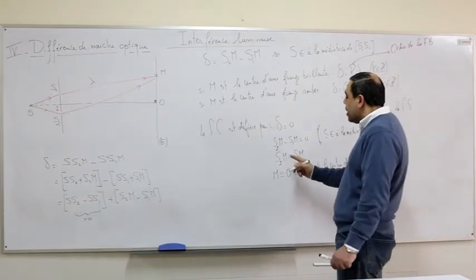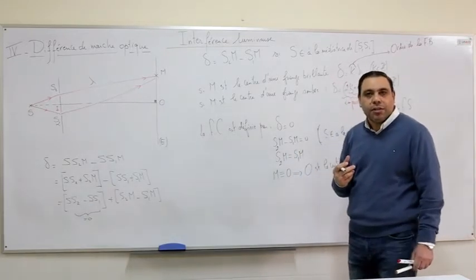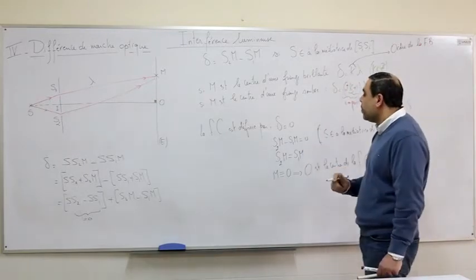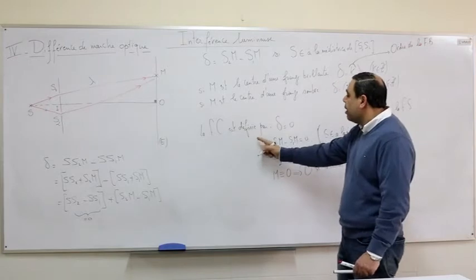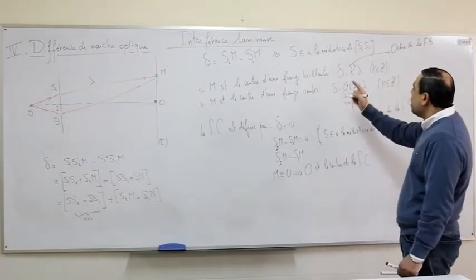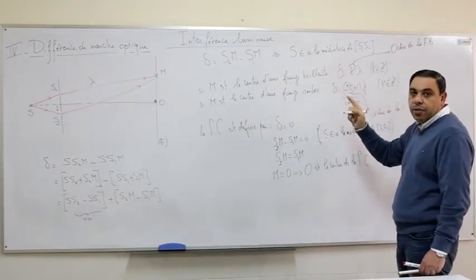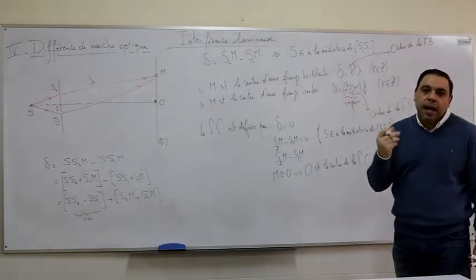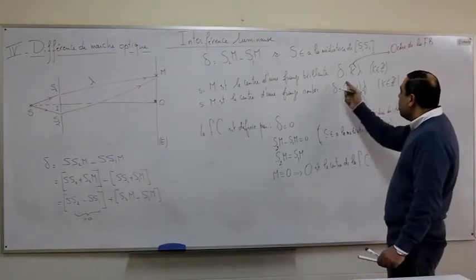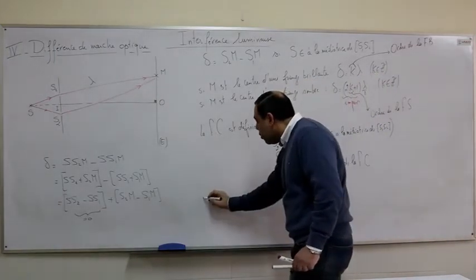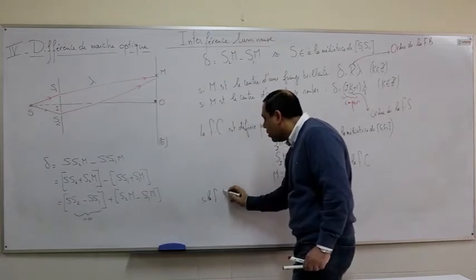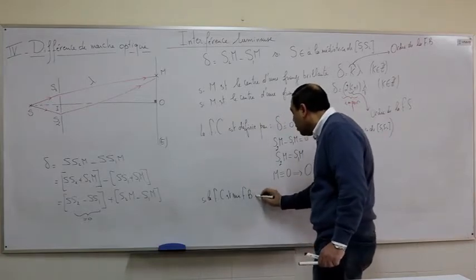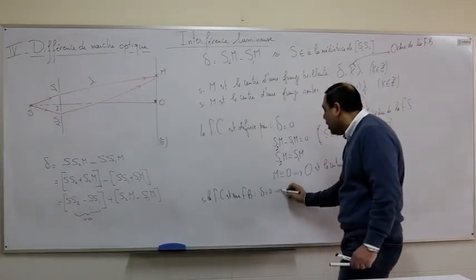Now, what is the nature of the central fringe? Is it a bright fringe or a dark one? The central fringe is always defined for delta equals 0. So let us replace delta by 0 to find the order and check whether it's bright or dark. If the central fringe is a bright one, then delta equals 0.